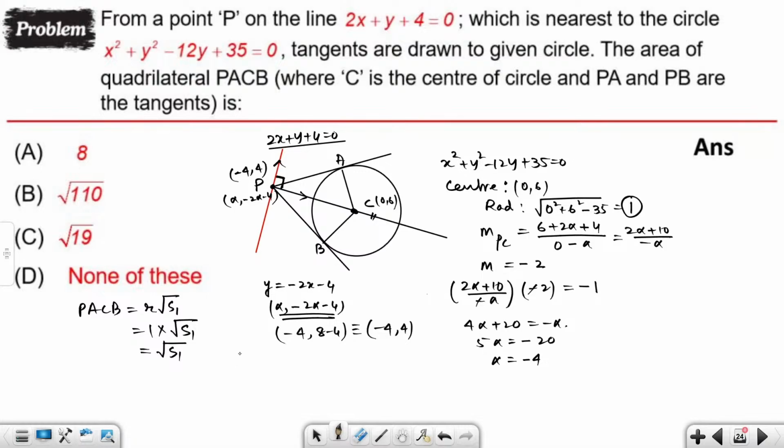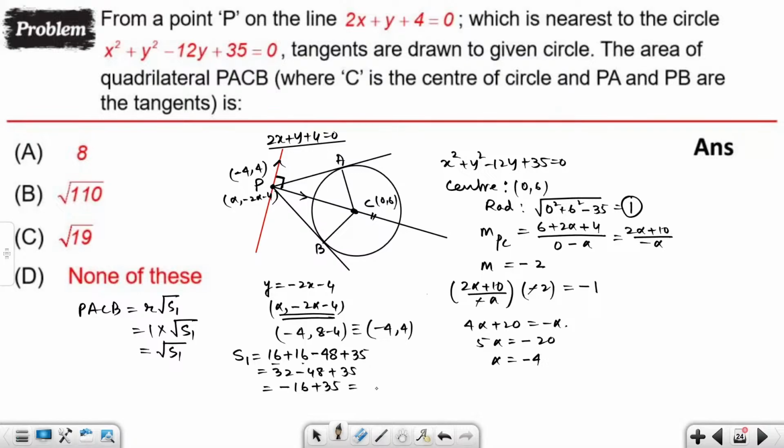So find out the power of the point S1, which is S1 equals 16 plus 16 minus 48 plus 35. So 16 plus 16 is 32, minus 48 plus 35. So we actually have minus 16 plus 35.